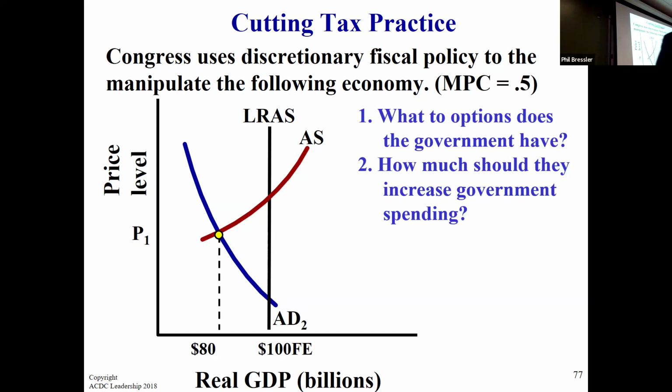All right, Mr. Gardner, what are the two expansionary policies? Increase government spending and decrease taxes. All right, now, Braden, what is the multiplier in this problem?